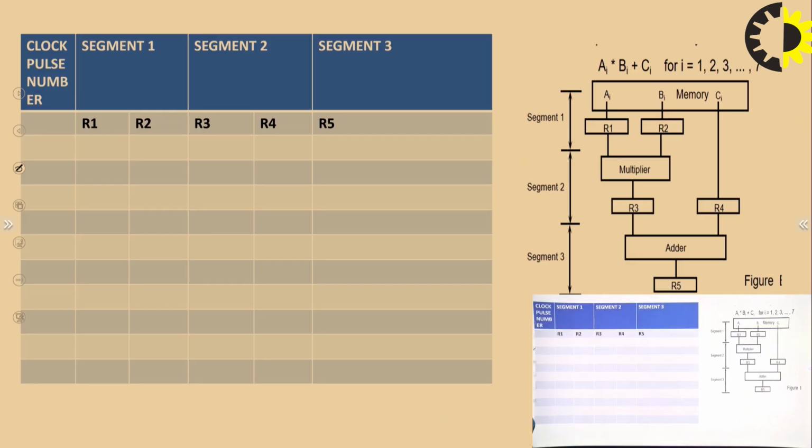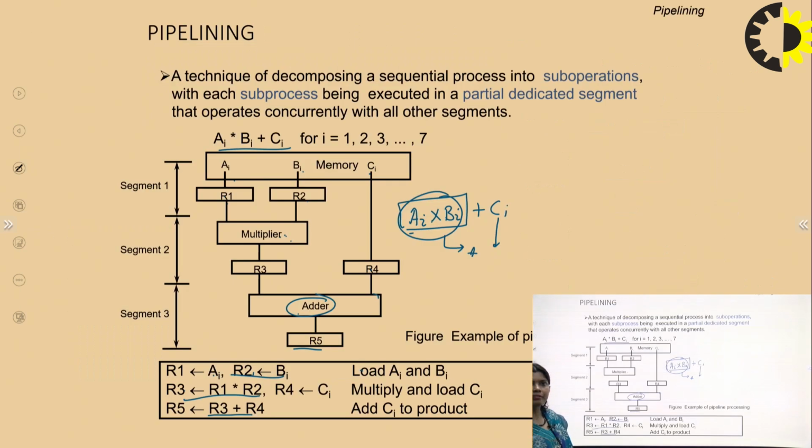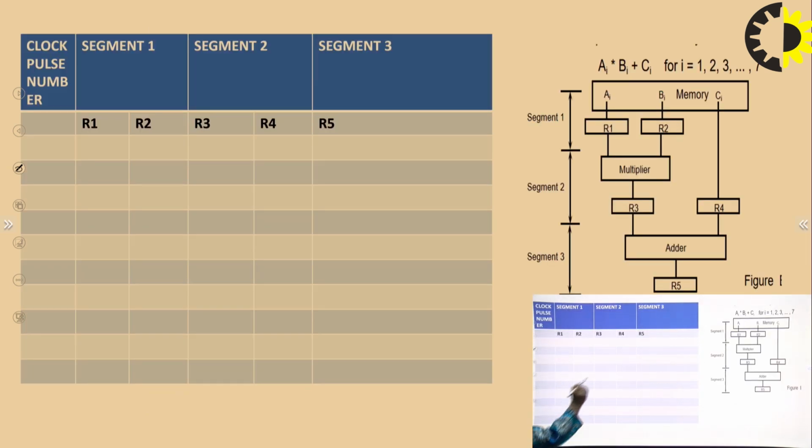Now the stages of the pipeline. How are we going to calculate with the stages of the pipeline? Suppose there are how many stages? Segment 1, 2, 3. You can see there is 1 segment, 2 segment and 3 segments. In the first stage, you can see segment 1, R1, R2, R3, R4 and R5.